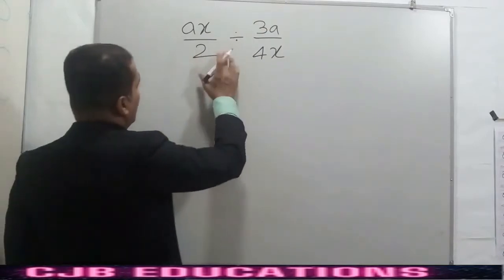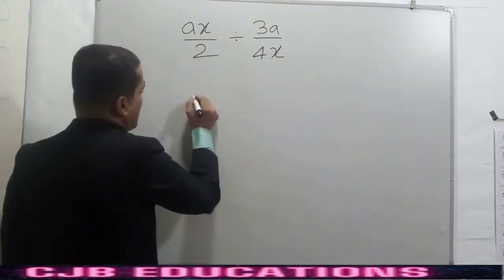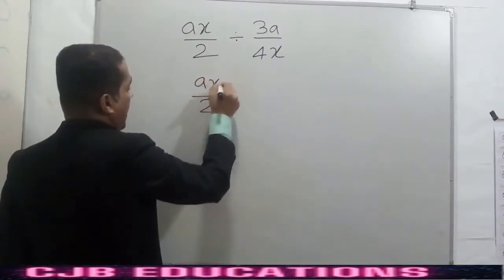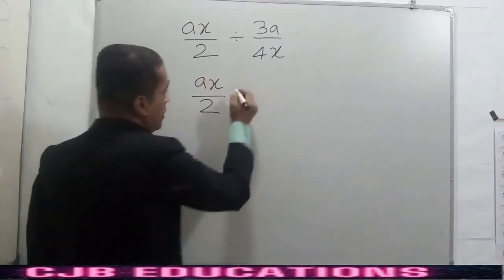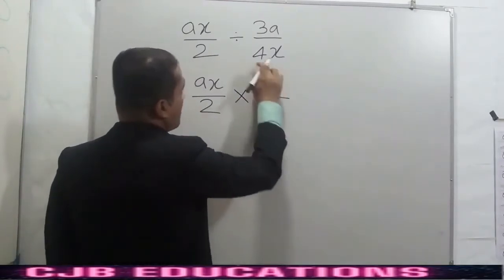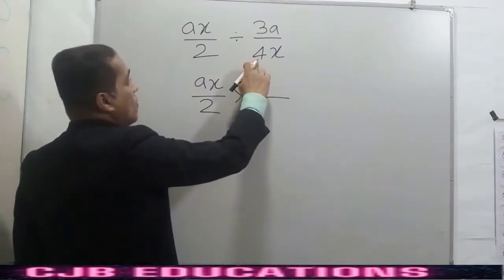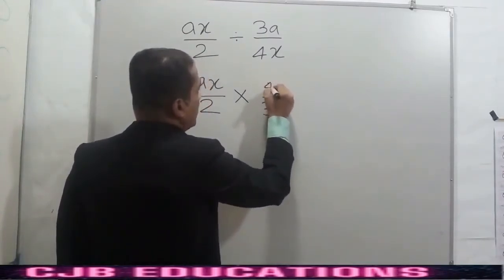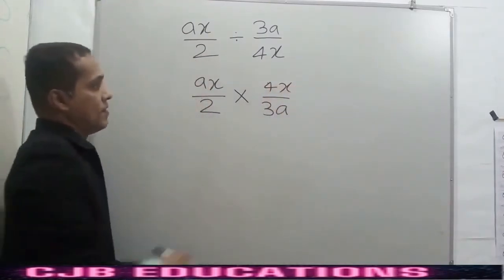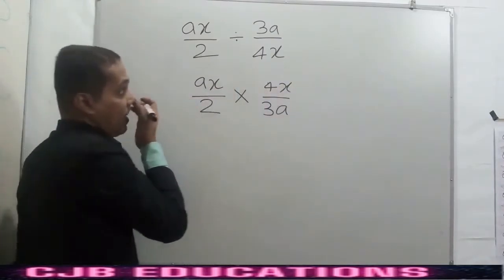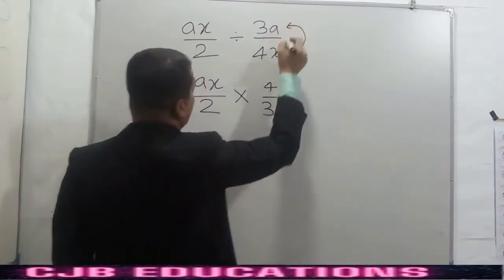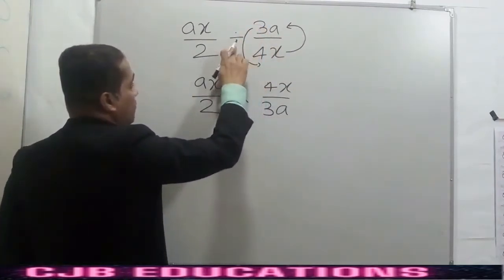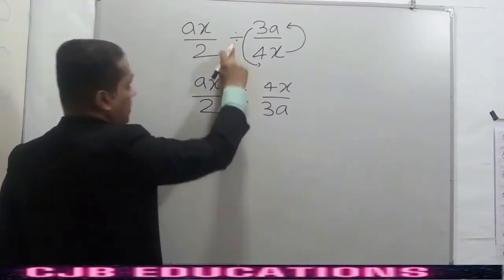Then we can write like this: ax over 2 multiplying by 4x over 3a, because the term comes here and the numerator comes here for this multiplication.